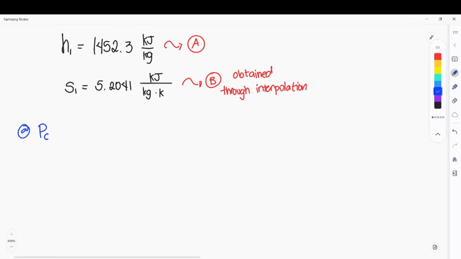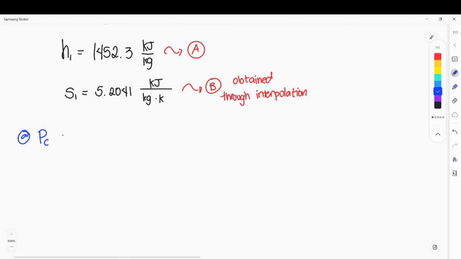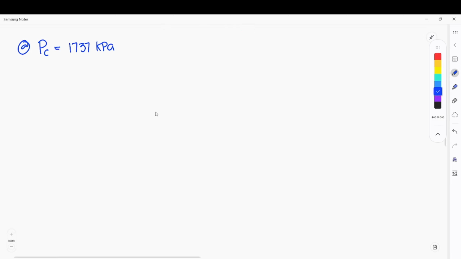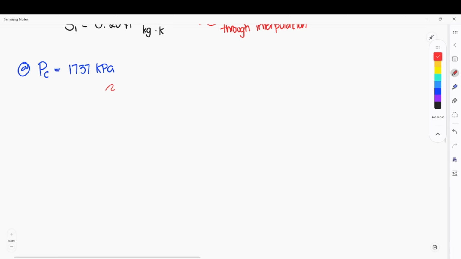Next, we can now proceed to point 2 which has a pressure of 1737 kilopascal. From here, base from our ref table, wala tayong makikitang sakto na 1737 kilopascal. So, we'll find a range where 1737 will lie.